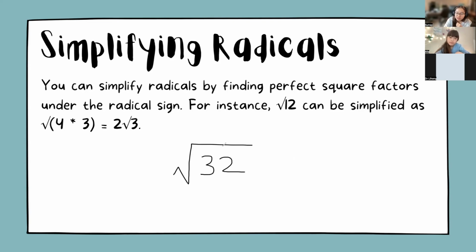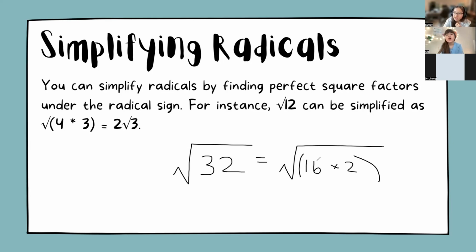And so because of this, we can simplify it by thinking, what are the factors of 32 that might have a square root? One of them is 16, because 32 divided by 2 is 16, and 16 is a perfect square. And so this is the equivalent of saying the square root of 16 times 2.